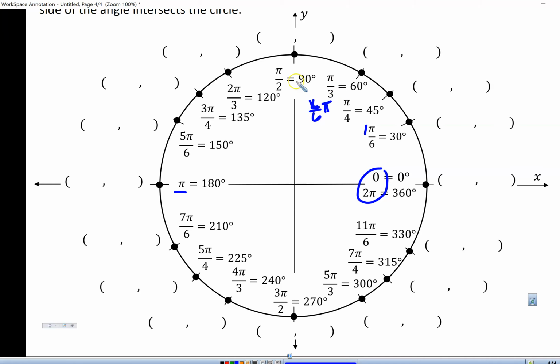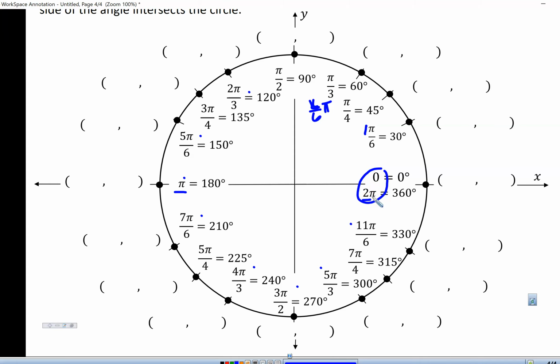Pi halves is your 3/6 pi. 4/6 pi is your 2 pi thirds, 5/6 pi is your 5 pi 6, and then you hit 6/6 pi, which is your pi, 1 pi, 6 divided by 6 being 1. And then it keeps going. So you add another 1/6, so this is 7/6 pi, 8/6, which reduces, 9/6, which reduces, 10/6, which reduces, 11/6, which doesn't reduce, and then you've got your 12/6, which brings you back to your 2 pi.